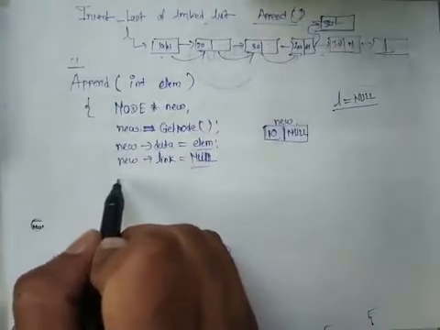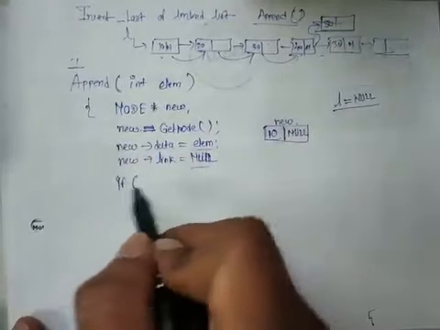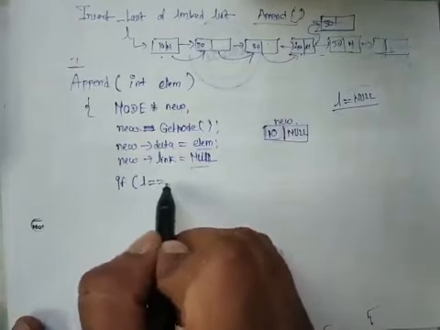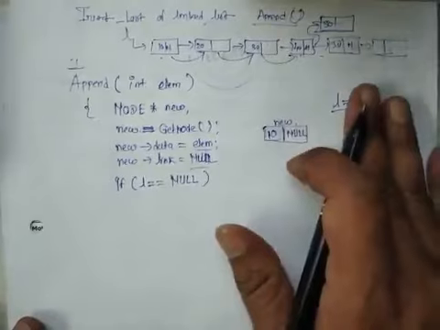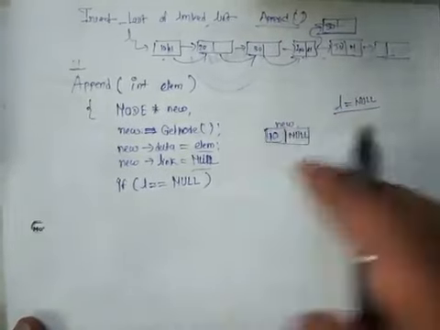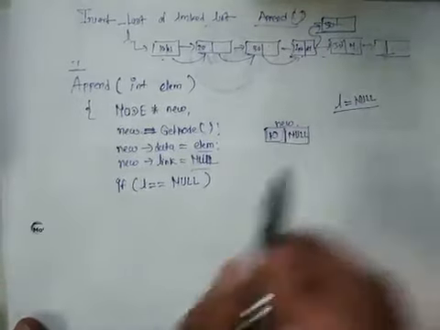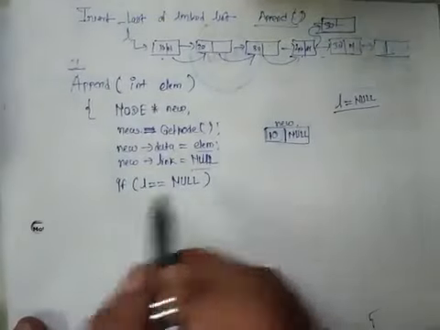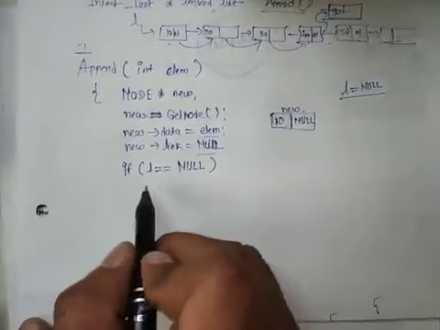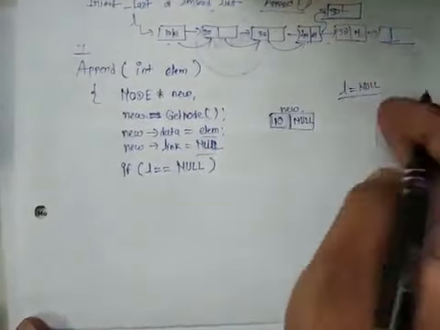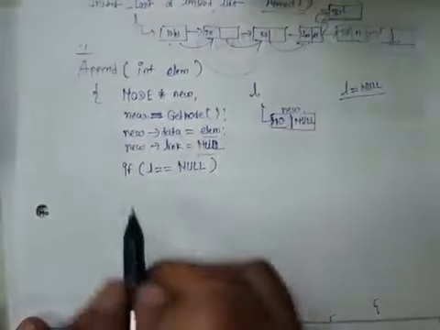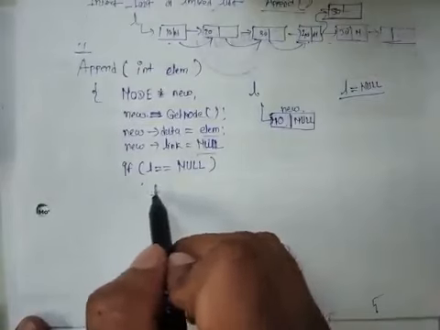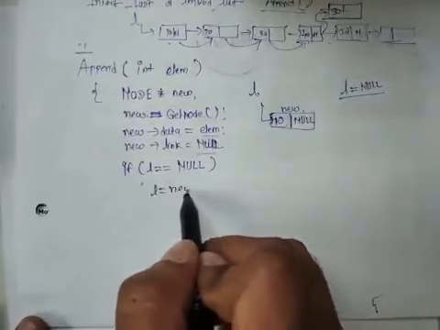So you need to write: if L is equal to null, the linked list is empty, so L is going to point to this new node. Simply write L is equal to new.